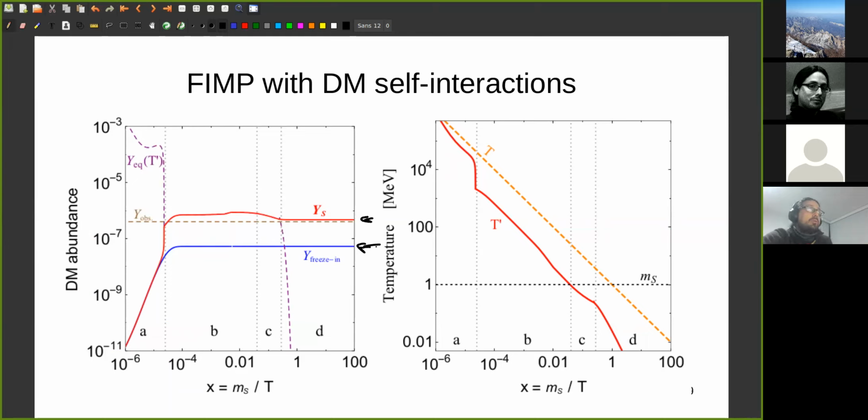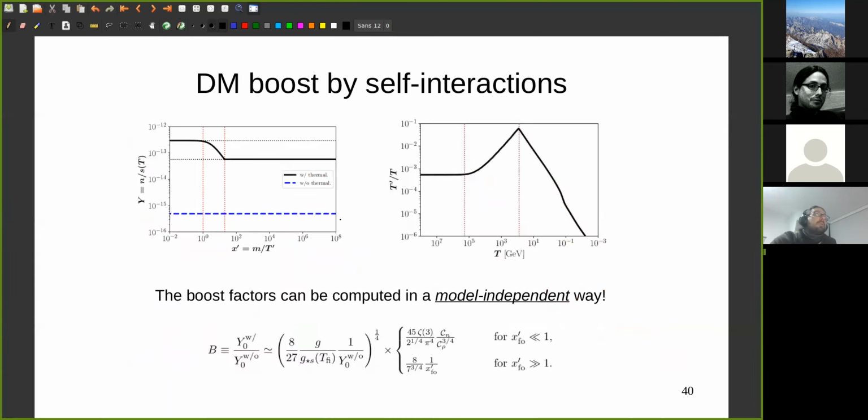So the blue is without, and the reddish is with self-interaction. That's exactly what I showed you. With self-interactions, I can reach chemical equilibrium with itself, and then I will have a dark freeze-out, and then I will get the dark matter abundance. So the impact of self-interaction is typically a boost of the dark matter relic abundance by several orders of magnitude. And that's what we did for FIMP, right?